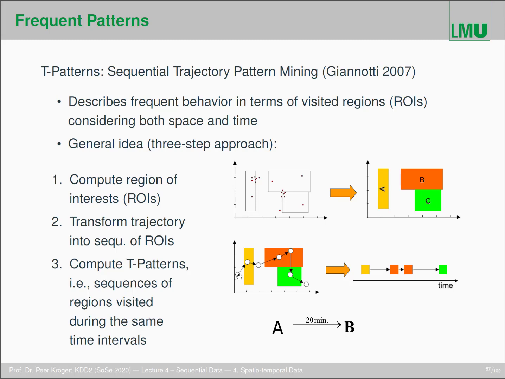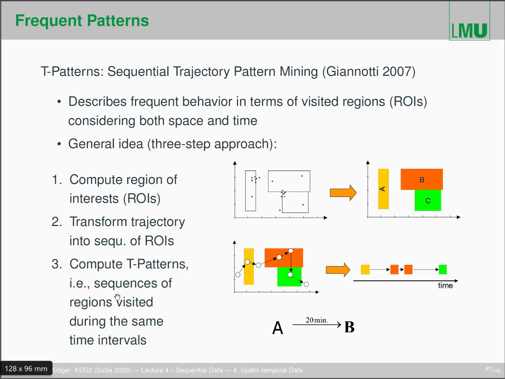So in that case, this trajectory visited this one, this is A here, the yellow is A, then it visited B, and it stays there for two sequential stops, and then it visited C here. So you transform that into A, B, B, C, still storing the time slots between those stops or between those visits here.